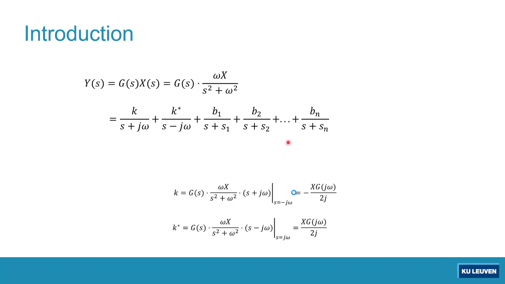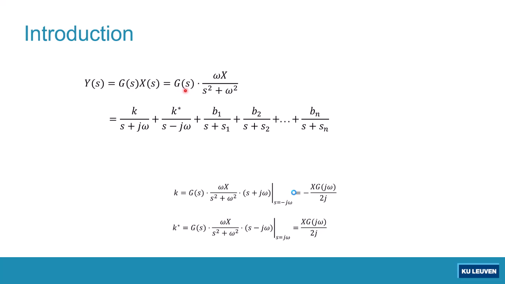Applying the partial fraction expansion, we have already discussed it also in the previous video, I can expand this equation of Y(s) into the following line, consisting of a few terms, where the first two terms are associated to the input, as we have omega here, and the remaining terms from the third term onwards are associated to the poles in the transfer function G(s).